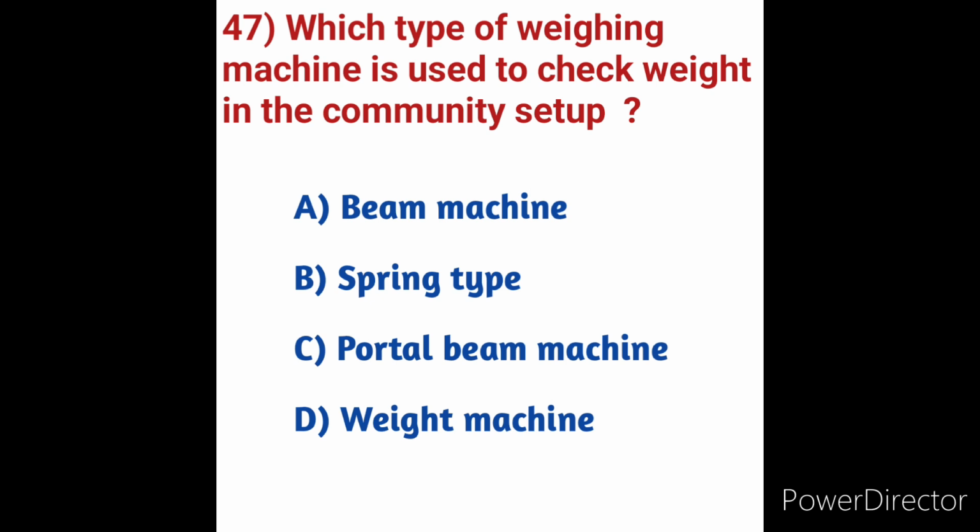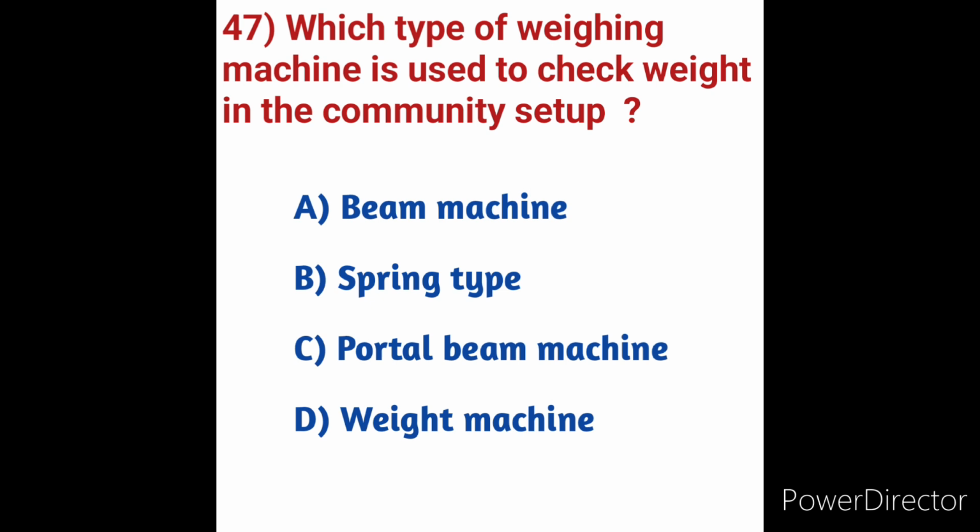The spring type weight machine is used to check weight in the community setup. Spring balances provide a method of mass measurement that is both simple and cheap. The mass is hung on the end of a spring, and the deflection of the spring due to the downward gravitational force on the mass is measured against a scale.